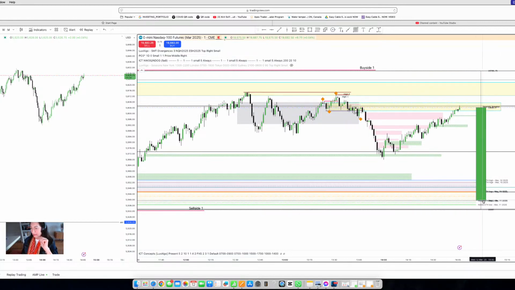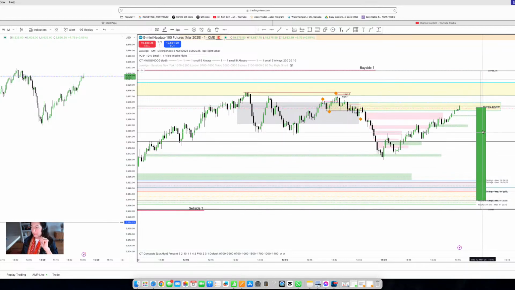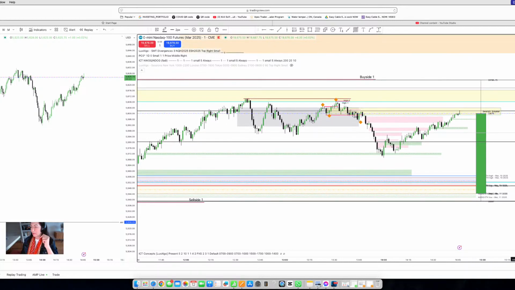We opened, we came down, we moved up, we had a high, and now we've moved down. This is what price action looks like for mostly every day. Because we've already hit that high and moved down a bit, I don't anticipate price moving up again. It just wouldn't make sense.